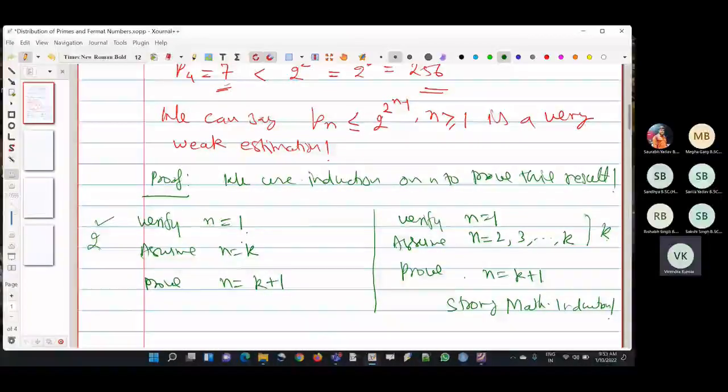This is also called the second principle of mathematical induction.